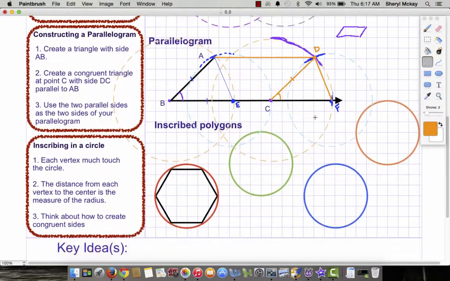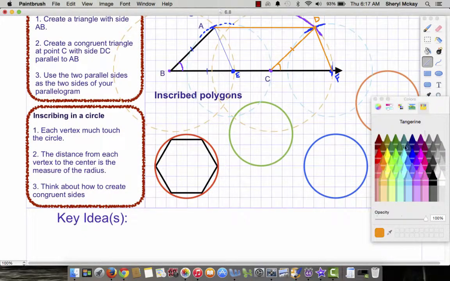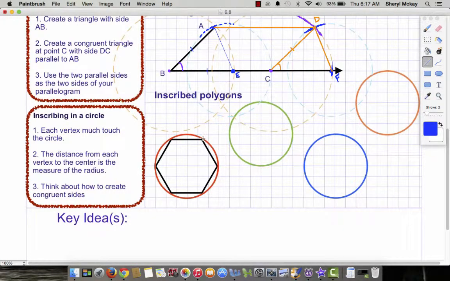Now, let's talk a little bit about inscribed polygons. When you are inscribing a polygon, we're going to start by inscribing a hexagon. One thing that we need to remember is that here's my circle right here, and it has a hexagon inscribed, and I want you to notice that every point of the hexagon touches the circle.